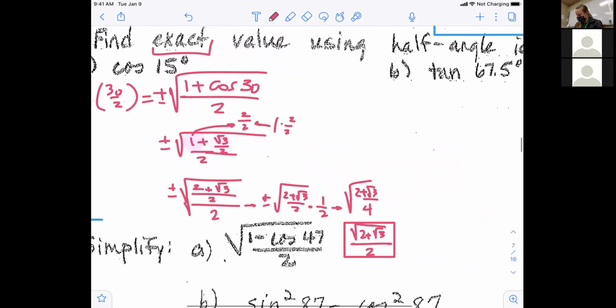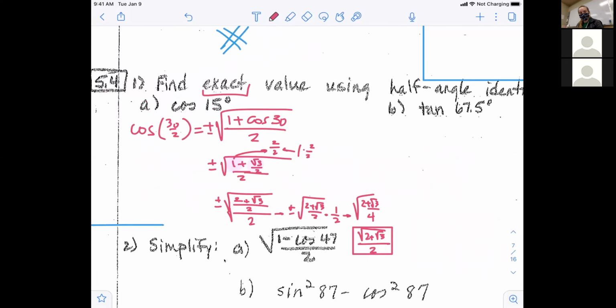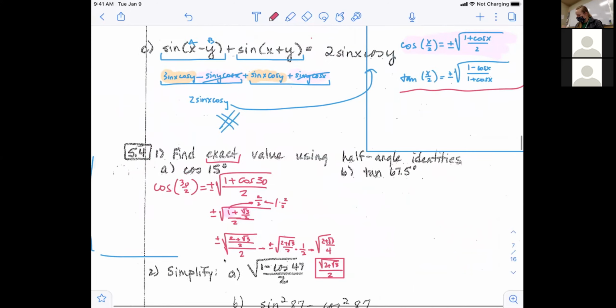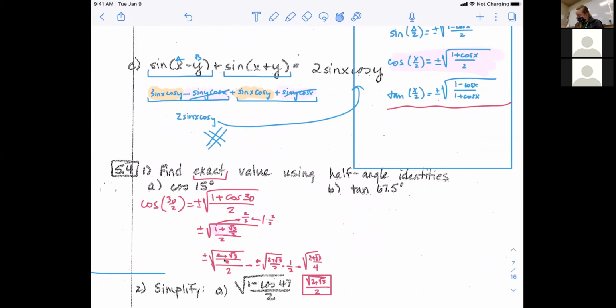Okay, let's do it again for tangent. So I've got tangent of 67.5. I got to plug it into my tangent equation now. But I got to think about what divided by 2 equals 67.5.